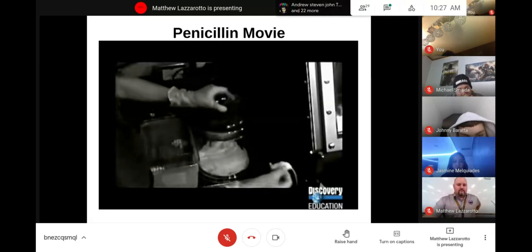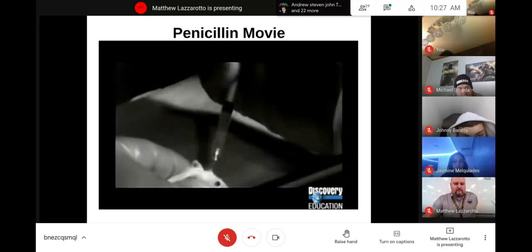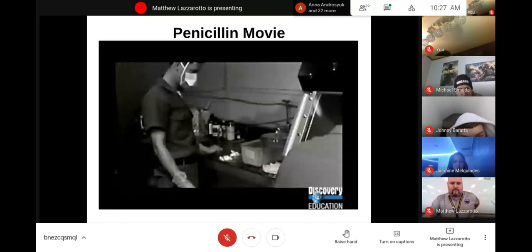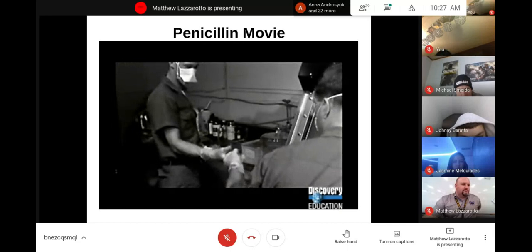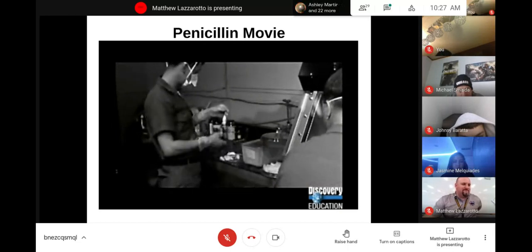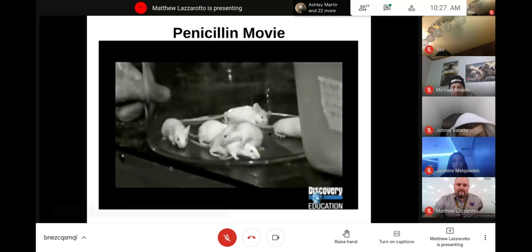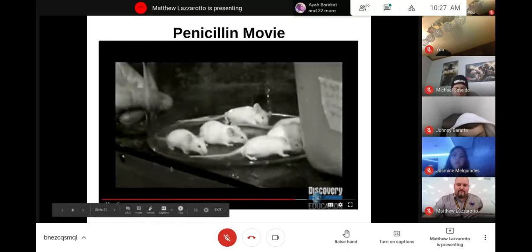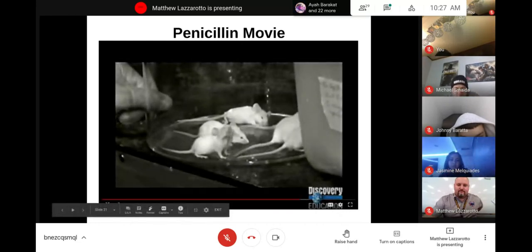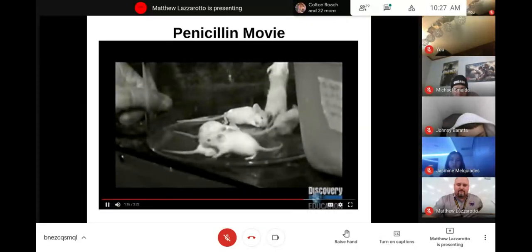They injected 8 mice with lethal doses of the bacteria Streptococci. Then they injected 4 of the mice with penicillin. Within hours, they beheld the results. The 4 mice not treated with penicillin were dead, but 3 of the 4 that had been given penicillin were alive.